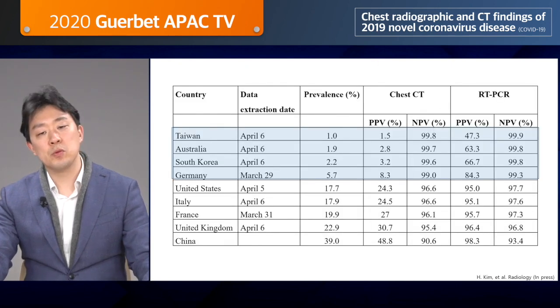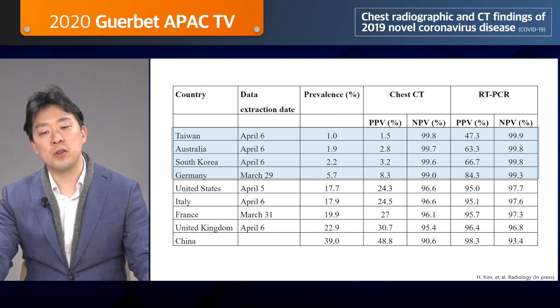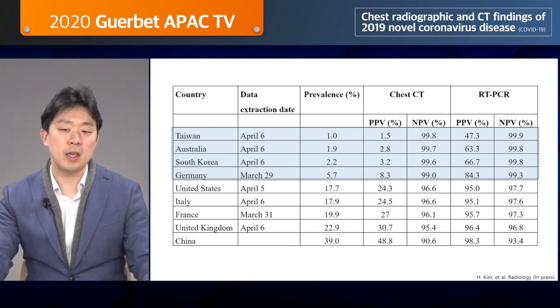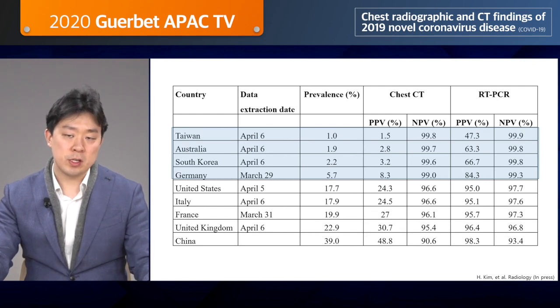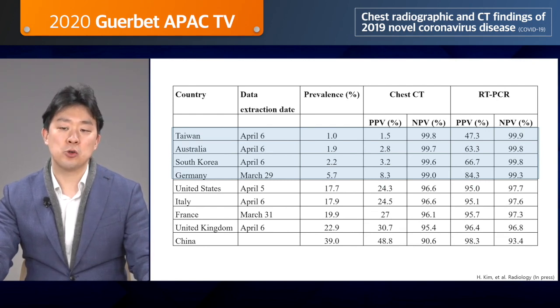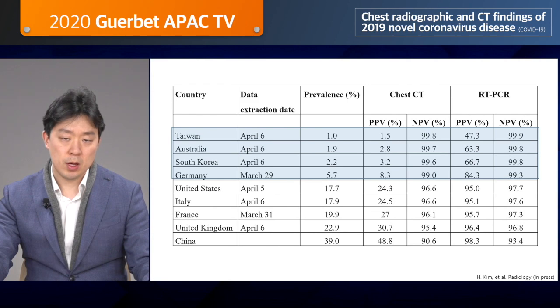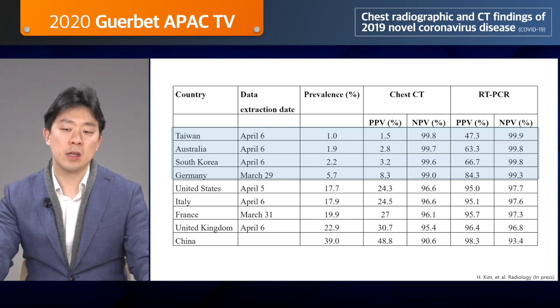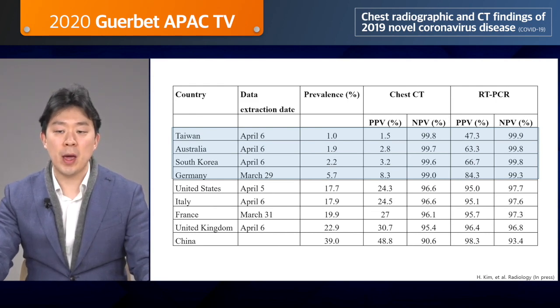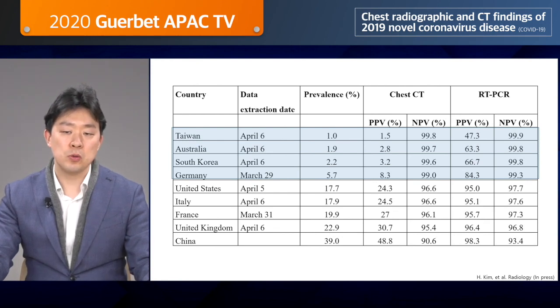This table shows estimated predictive values of chest CT scan and RT-PCR for COVID-19 in 9 countries based on their actual disease prevalence. The prevalence was defined as the proportion of the patients diagnosed with COVID-19 among those tested with RT-PCR.